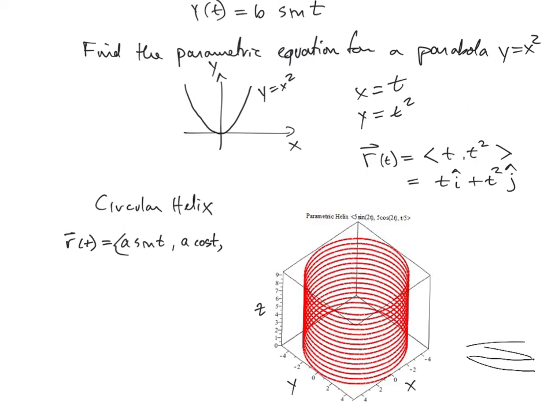I imagine it like switchbacks going up a mountainside. Every time we go around, you go up a little bit in z. But it's going to be a linear increase in z, so it might be just something like b times t.